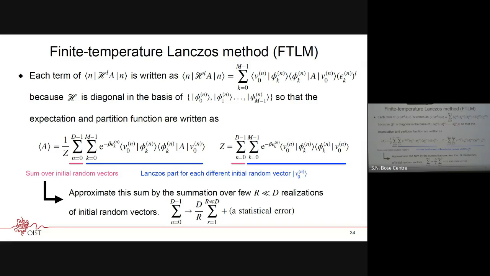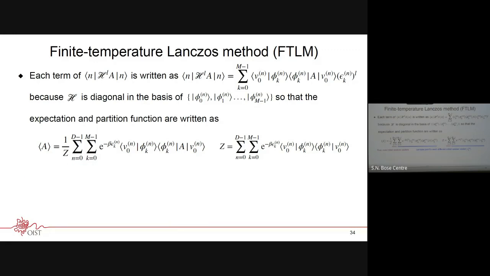Sorry, I didn't understand the definition of phi. Phi is the eigenvector of the Hamiltonian. Eigenvector of the diagonal matrix. Okay, so it is an approximation. I assume these vectors correspond to the eigenvectors of the Lanczos transform, for example, this is phi of 0 n. Yes, in a sense, an approximation. Thank you very much.